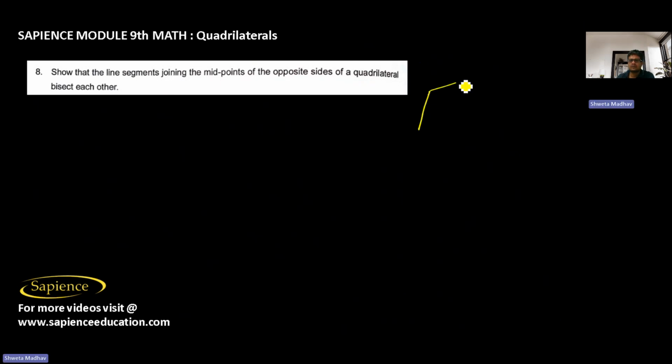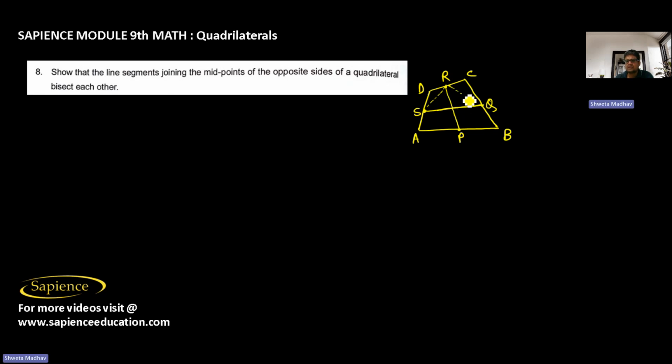So if we draw a quadrilateral ABCD, and we join the midpoints of the opposite sides, P, Q, R, S, you have to show that they bisect each other.